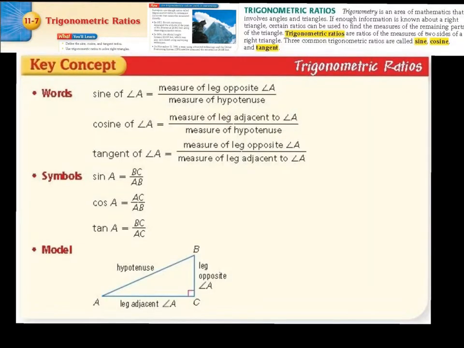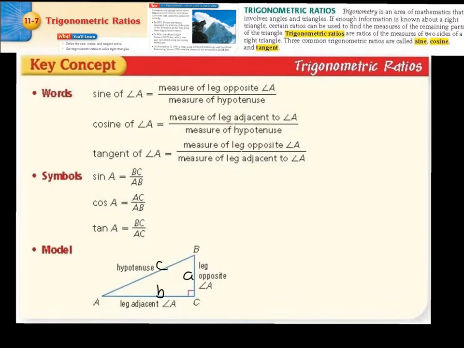If we have a right triangle, they normally label the angles with capital letters and the sides opposite them with lowercase letters. So side a is opposite angle A, side b, and side c.